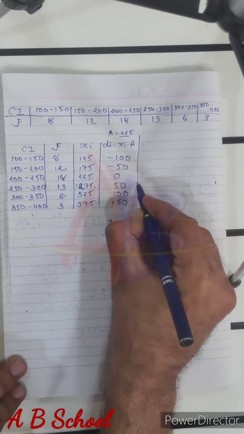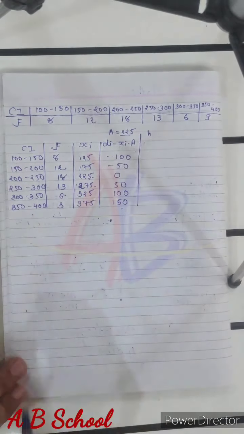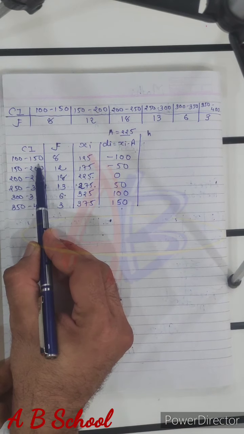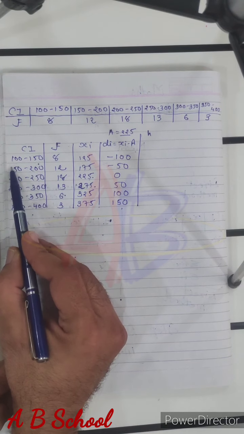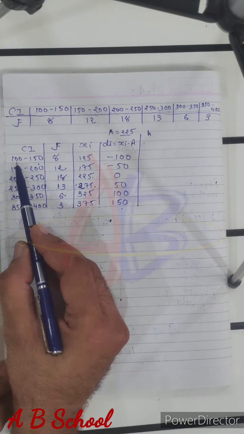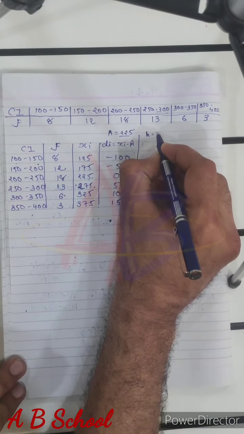Now tell me, what is h? H is class size, that is upper limit of the class minus lower limit of the class. So 150 minus 100, that is 50. For all classes, that is the same. So we'll take h is equal to 50.